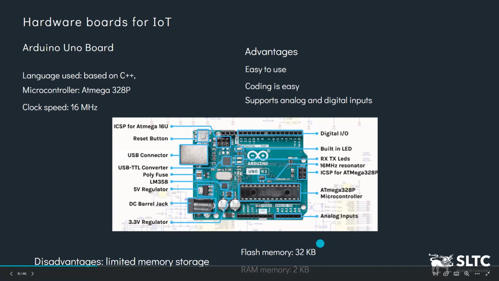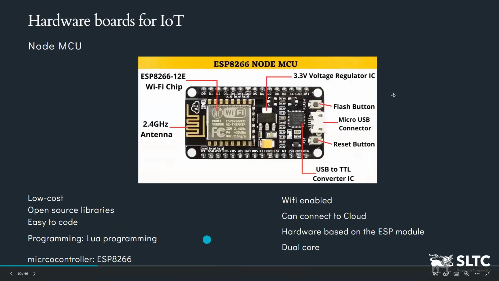So this is not enough in some cases for a large amount of data storage. Because of that, it is only used for small scale data collection and maybe testing. So this Arduino board may not be the suitable option for cases where we need a high amount of data storage, data collection and transmission.